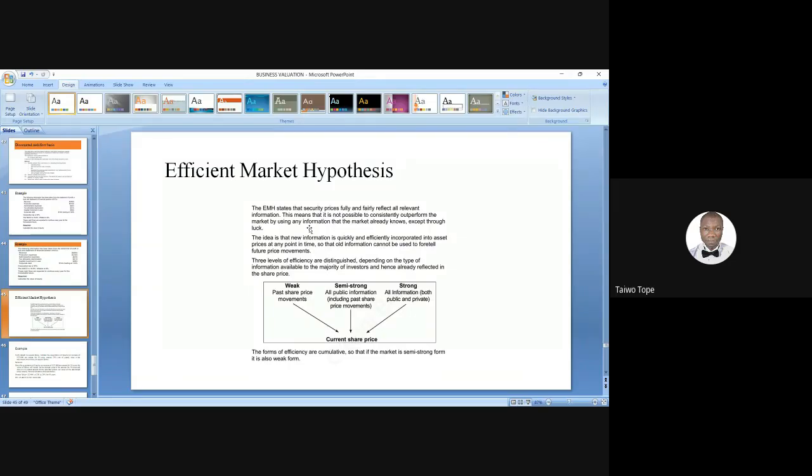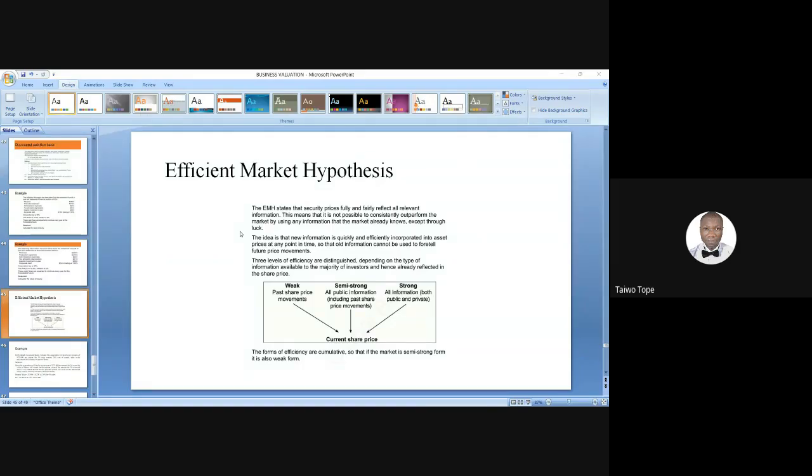In a weak form of efficient market, share prices reflect information about all past price movements. So past movements do not help in identifying positive NPV trading strategies.